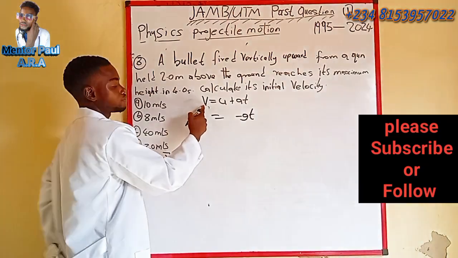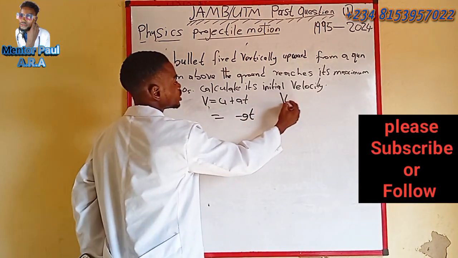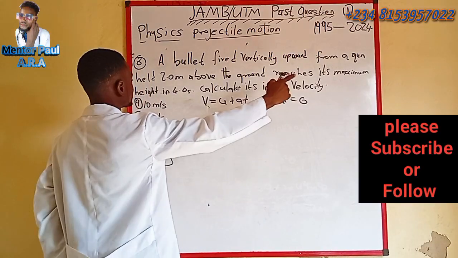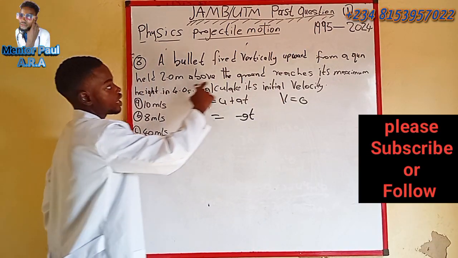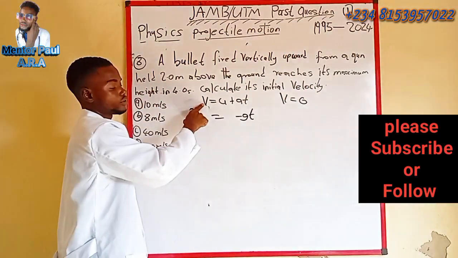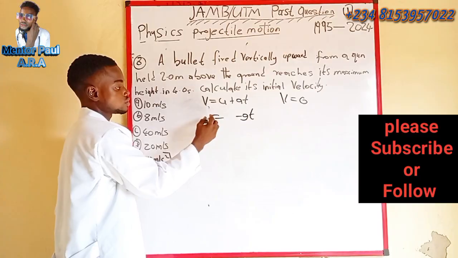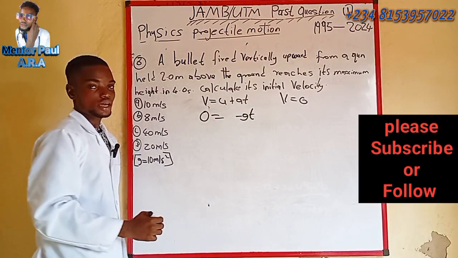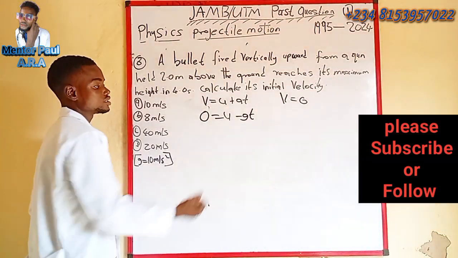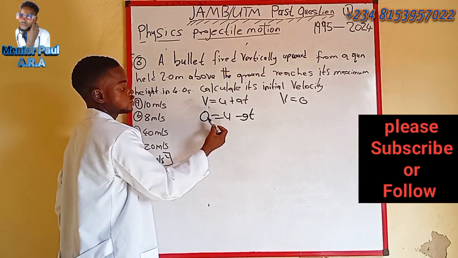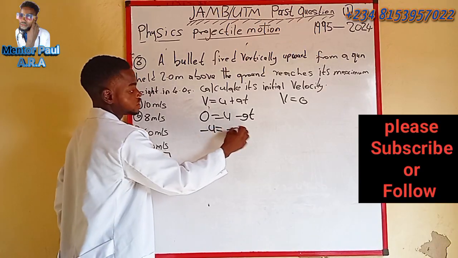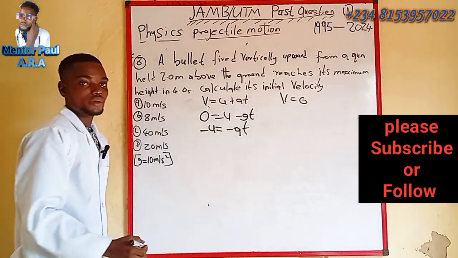And again, at maximum height, v is equal to 0. Like the question says, the bullet reaches its maximum height, so at that maximum height, the final velocity will be equal to 0. I'm going to put 0 here. All right, now we are looking for the initial velocity, which is u. Hence, to make u the subject, the formula comes over here and becomes negative u equals negative g multiplied by t.